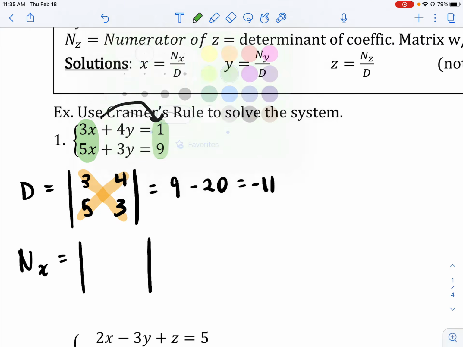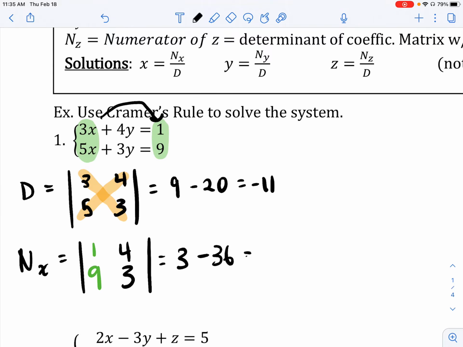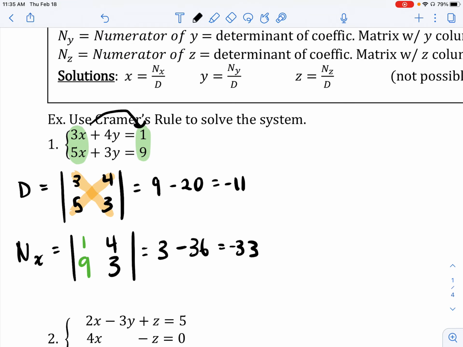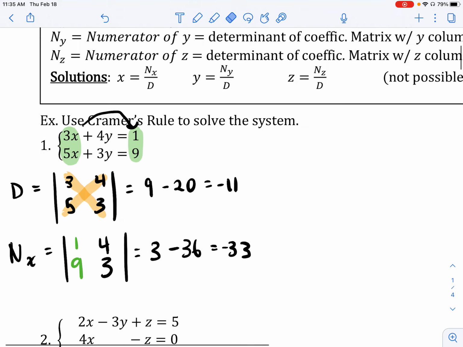So I'm going to write 1, 9 here, and I'm going to leave the rest of the matrix the same. So I'm replacing my x column with my constant column. And now I'm going to find the determinant of this matrix. So 1 times 3, which is 3, minus 9 times 4, which is 36, so I get negative 33. Again, just pause for a second, or don't worry too much about what these mean just yet. We'll come back to this.